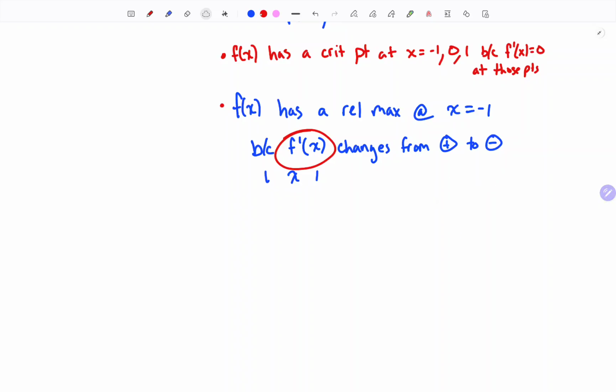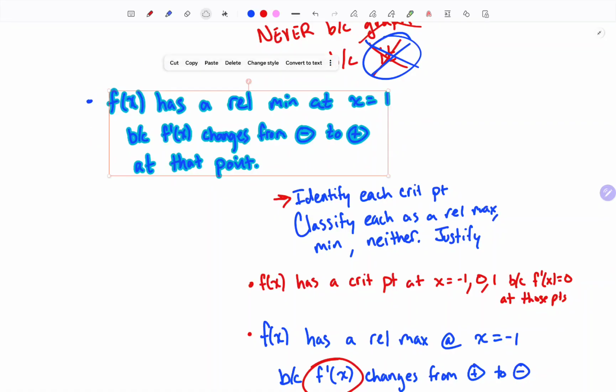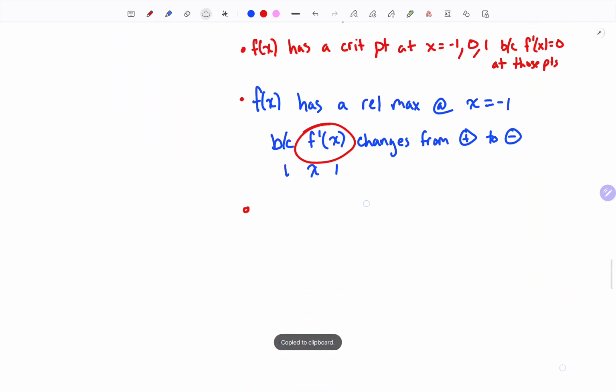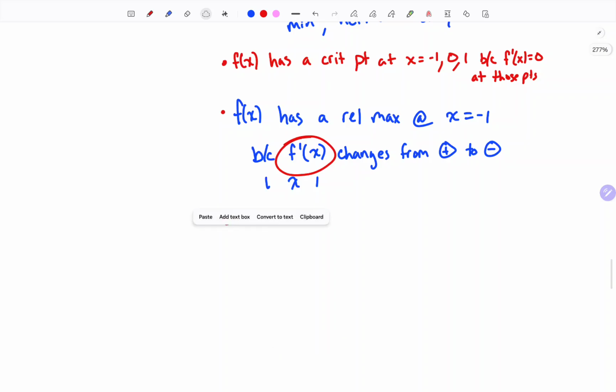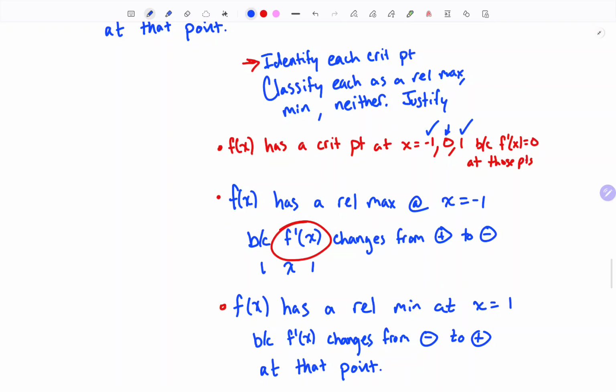Then we want to say, where do we have a relative minimum? Same idea, we can just copy this down. We're classifying each. But this actually only classified negative 1 and positive 1. What about 0? It said to classify each as a maximum, minimum, or neither.